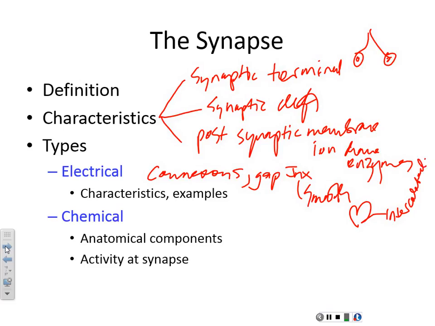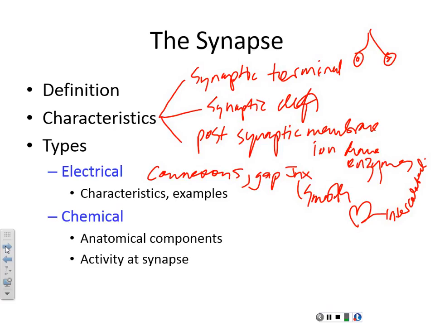Okay, and because these cells are connected by these ion channels, which are gap junctions in smooth muscle and intercalated discs in cardiac muscle cells, whenever one of the cells is excited, the membrane potential passes through all these cells as if it's the same membrane, because of these gap junctions. Okay, so that's the function of electrical synapses.